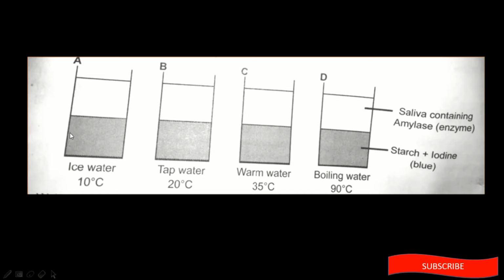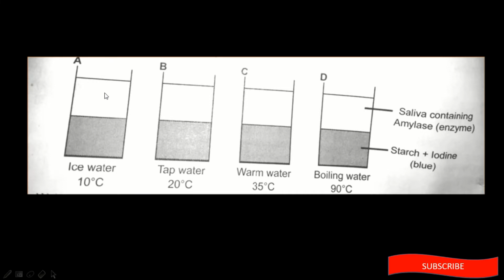Test tube A is subjected to 10 degrees Celsius, whereas B is subjected to 20 degrees Celsius, C is subjected to 35 degrees Celsius, and D is subjected to 90 degrees Celsius. But the content in each test tube is the same and equal.